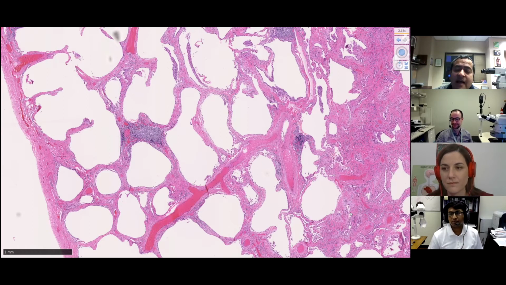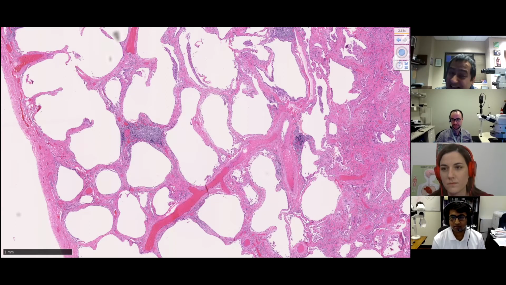In fact, Carrington's paper from 1978 mentions that some sparse interstitial infiltrate is necessary for a diagnosis of DIP. So in these smoking-related interstitial fibrosis cases, or what I would now call SRIF, it's not unusual to have occasional lymphoid follicles and germinal centers.